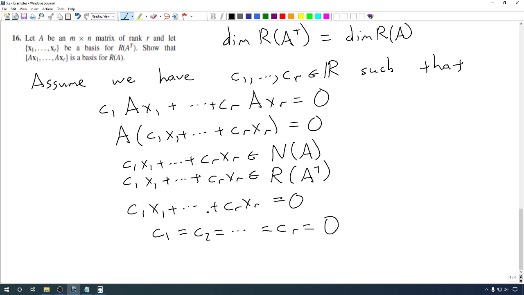We started with the assumption that this linear combination of the Ax's is equal to 0 using those c's, and we got, eventually, that all the c's have to be 0. That means the Ax's have to be linearly independent. And so, like we said, we only have to show one of those two facts. We don't have to show they span. We already know now that they are a basis for the column space.